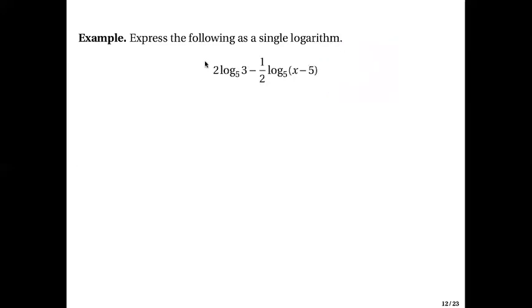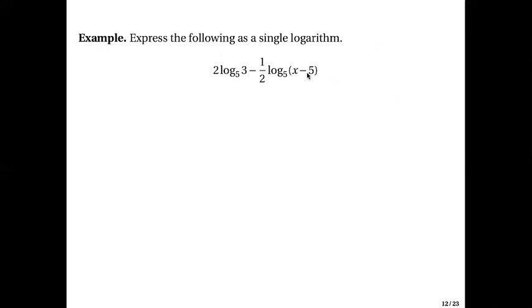Next here, again, we convert this to a single logarithm, but this time you have coefficients other than 1 or -1. So we use the property that this coefficient becomes the exponent of the argument. This coefficient 1 half here becomes the exponent of the argument.